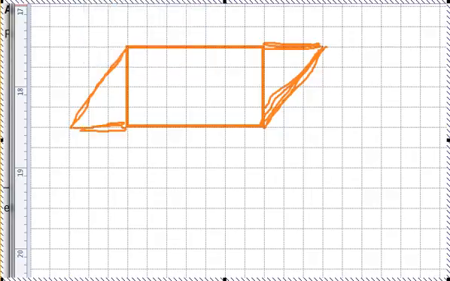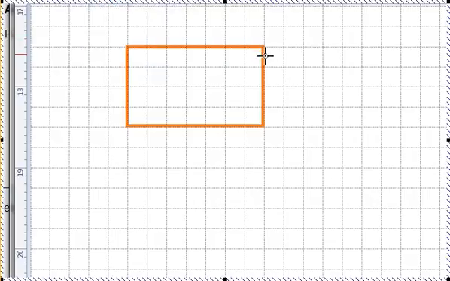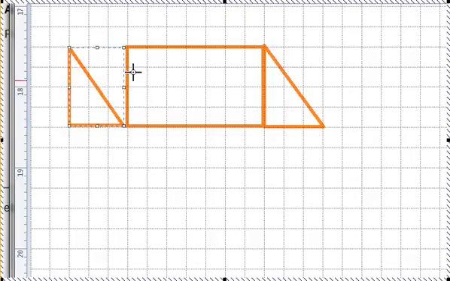Let me undo those. Let's see if I can throw in this shape right here. One that looks like that. One that looks like... Can I rotate that thing? I don't know how to manipulate this thing around. Alright, I don't think I can rotate that, so I'm just going to have to draw that one in there.